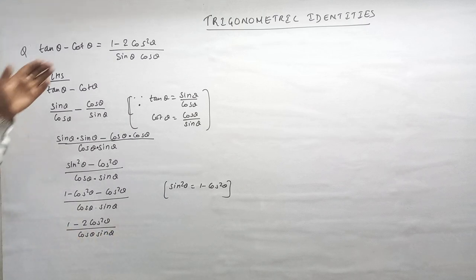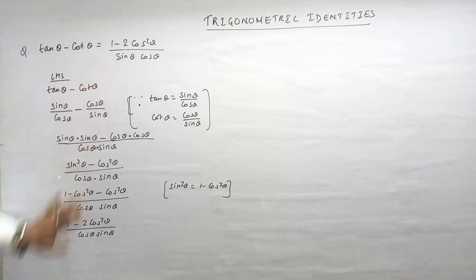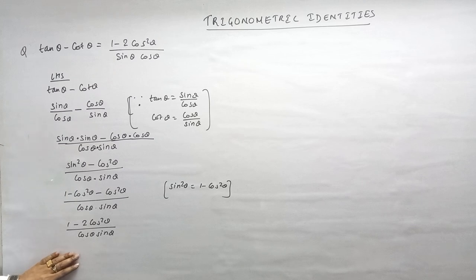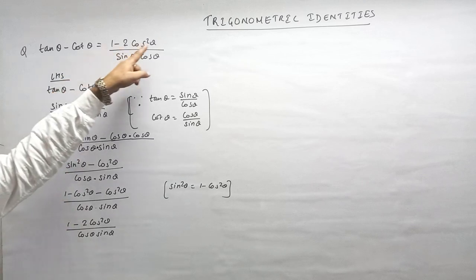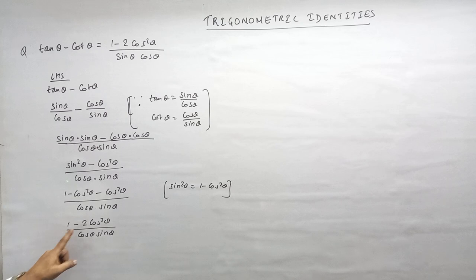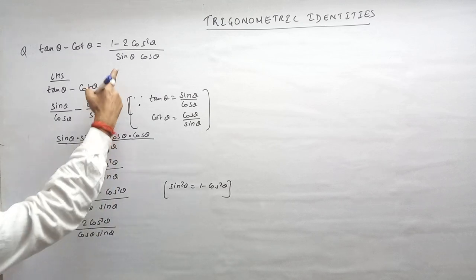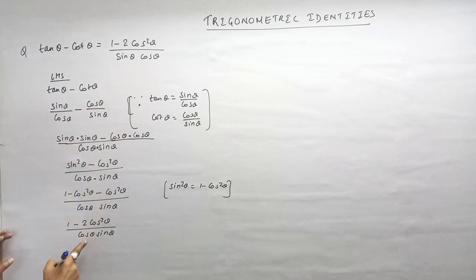So if we compare the right hand side and this one, it is the same, right? This is 1 minus 2 cos square theta, 1 minus 2 cos square theta, right? And the denominator is sin theta cos theta. Here we got cos theta sin theta. It's the same thing whether we write 2 into 4 or 4 into 2. The answer is same, that is 8.